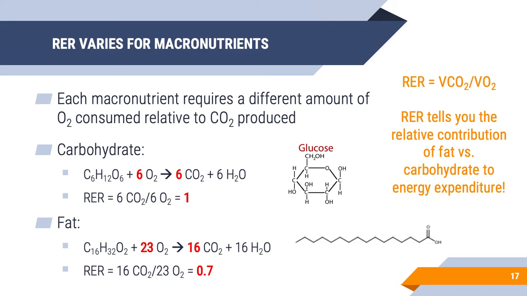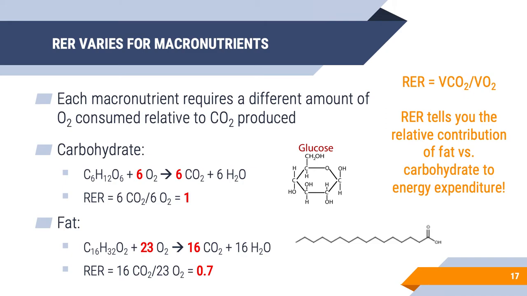Whereas if we take fat, we're looking at the oxidation of palmitate. So if we oxidize palmitate, C16H32O2, it requires 23 oxygen to produce 16 carbon dioxide and 16 water. So if we put this into our RER equation, 16 CO2 over 23 O2, 16 divided by 23 is 0.7.